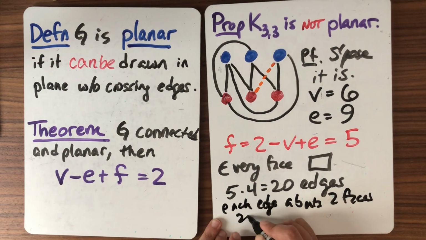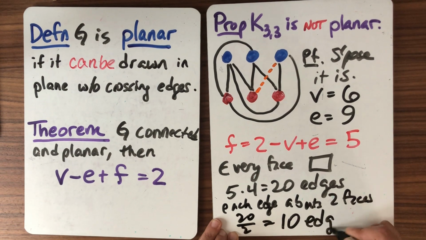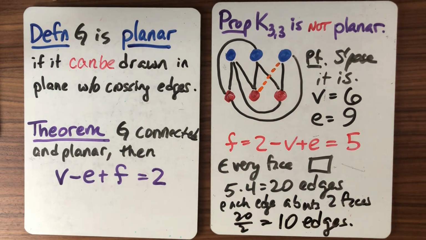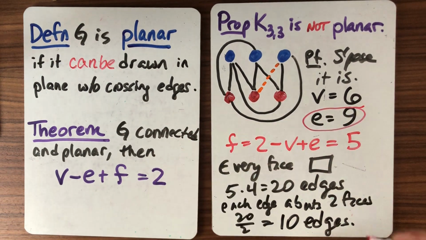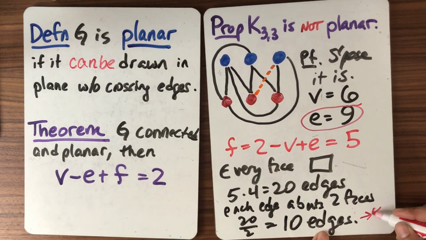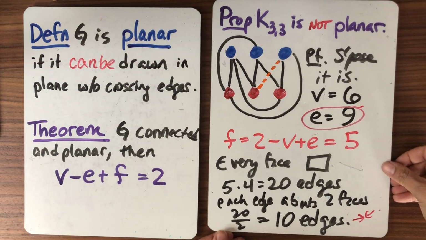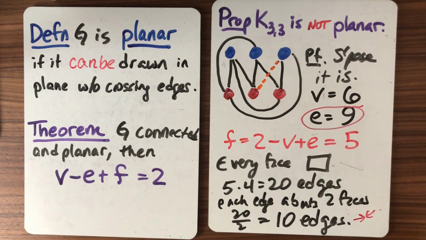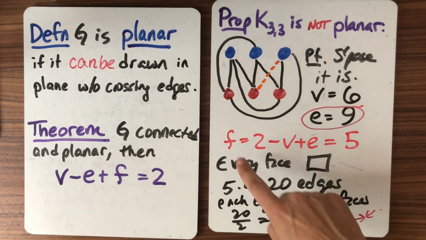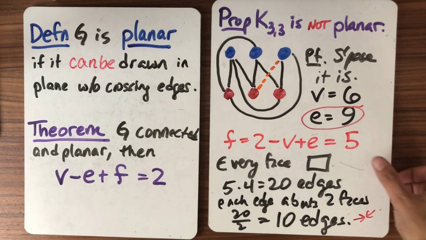That means that we get 20 divided by 2 equals 10 edges. But how many edges do we actually have? We actually have 9. So therein lies our contradiction. We end up needing too many edges. So it's the same flavor of proof. If we just pretend that it's planar, we haven't drawn it right, but suppose it is planar, we still know what the structure of the faces looks like, and that allows us to come up with this contradiction.